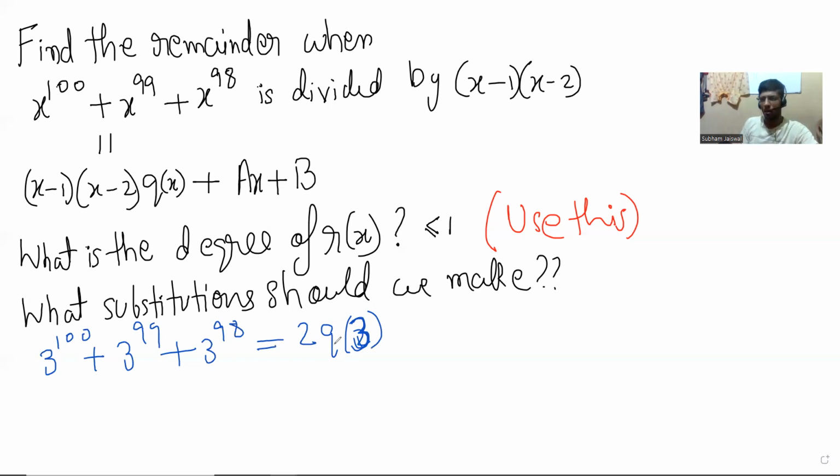Okay. Now it should tell you what you want to substitute. It's good that you make an attempt. That's very important, otherwise there is no learning. So substituting 3 in this case is not good.